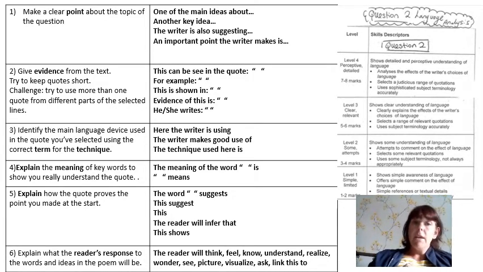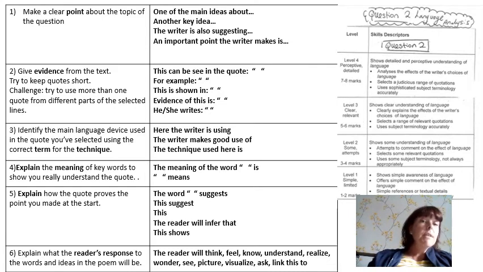Then you need to think about the language devices that the writer might be using. You don't have to particularly use very complicated terminology here. Nouns, verbs, adjectives, adverbs, and then you can start thinking about things like personification, alliteration, onomatopoeia, anything like that that you think the writer's using.